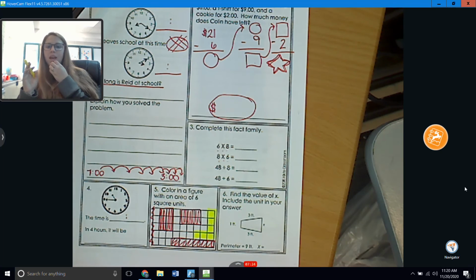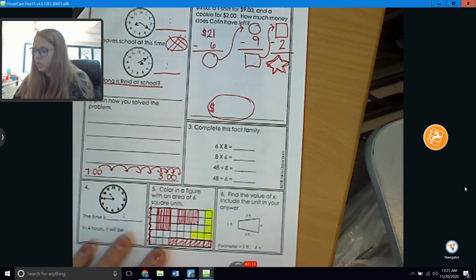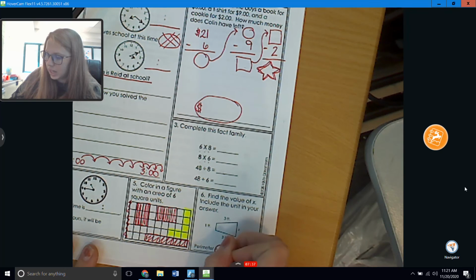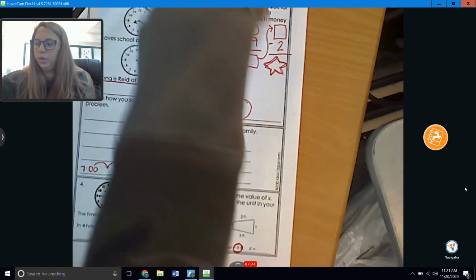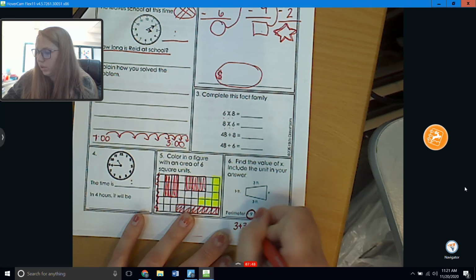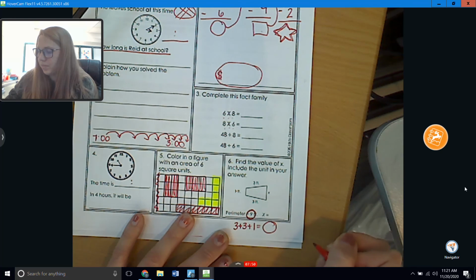And finally, number 6, you are going to find the value of x and include the unit in your answer. Your perimeter equals 9 feet. You have 3, 3, and 1. So if I were you, I would go 3 plus 3 plus 1 equals what?